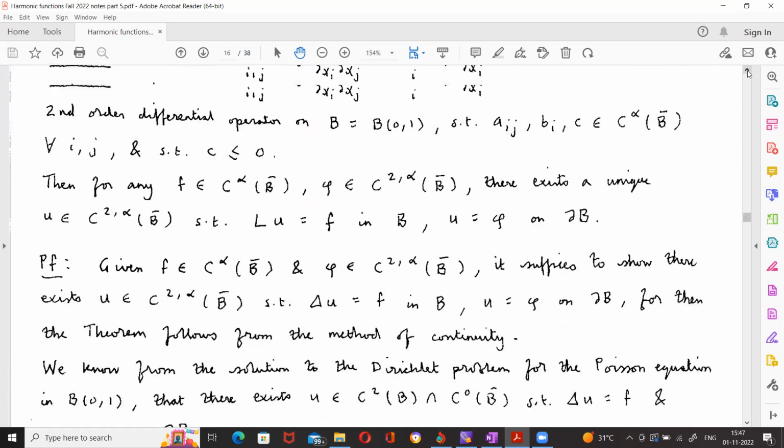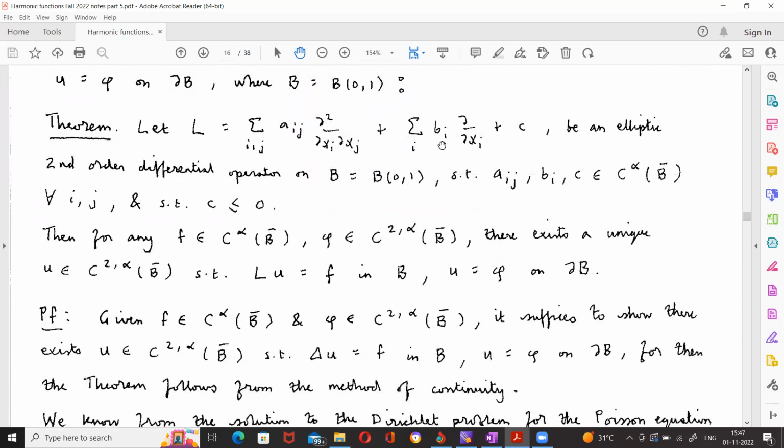We have proved the following theorem: if you have an elliptic second order operator on the unit ball, where the 0th order coefficient C is less than or equal to 0, this we need basically to apply the maximum principle, which is used in some of the norm estimates and also in the uniqueness, then for any F which is C alpha on the closed ball and phi which is C2 alpha on the closed ball, there is a unique C2 alpha function U such that LU is F in the ball and U is phi on the boundary of the ball.